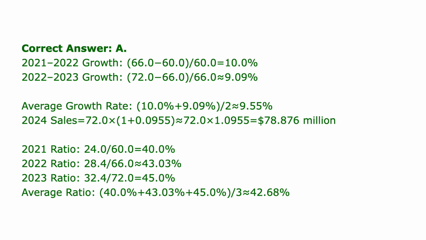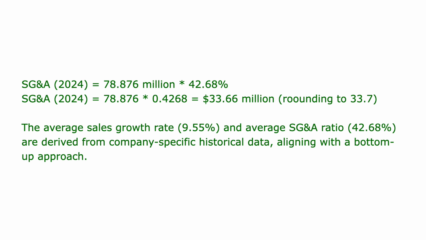Based on the average growth rate, the projected sales for 2024 is approximately $78.876 million. The average ratio from 2021 to 2023 is approximately 42.68%, showing an increasing trend. SG&A 2024 calculation: $33.7 million, calculated by multiplying $78.876 million by 42.68%.